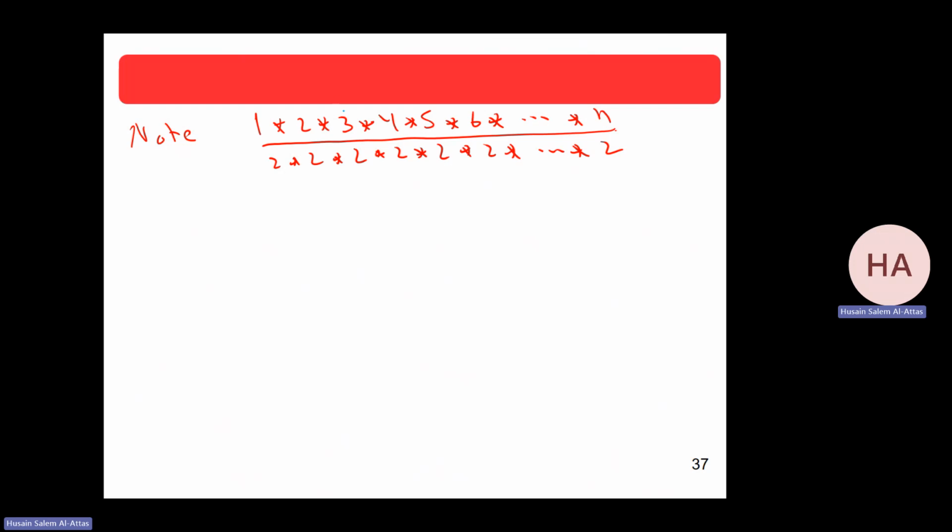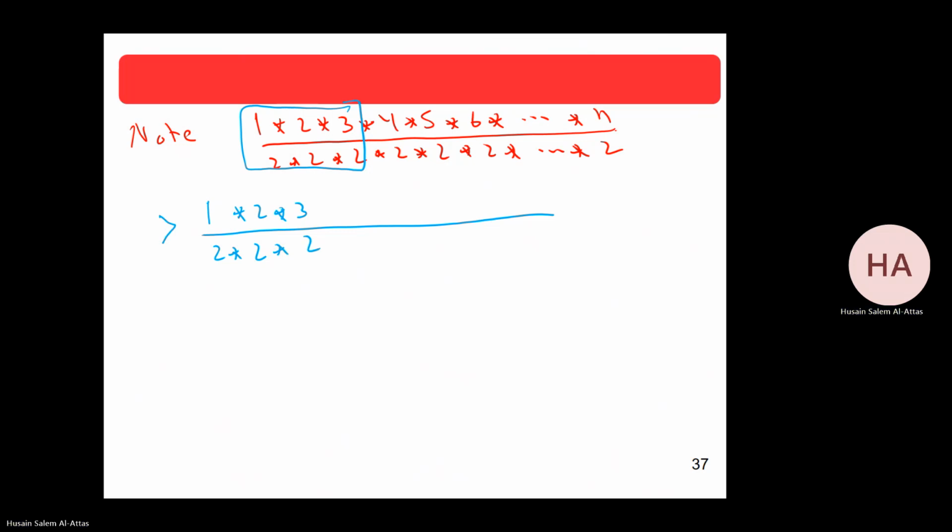If you take this one, this will be greater than 1 times 2 times 3. Here I have 2, 2, 2. And this is 4, 2. 5 will be greater than 4.